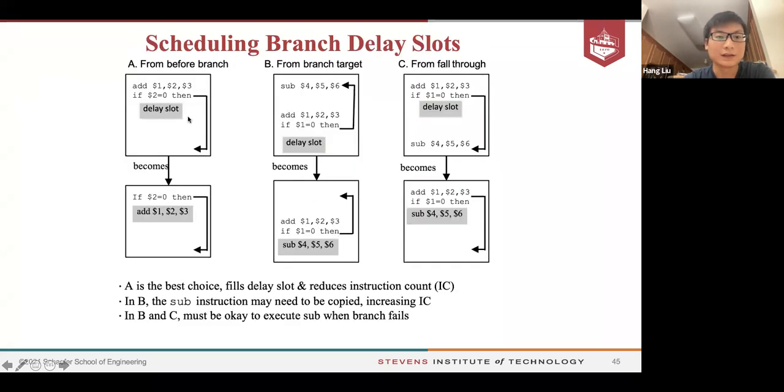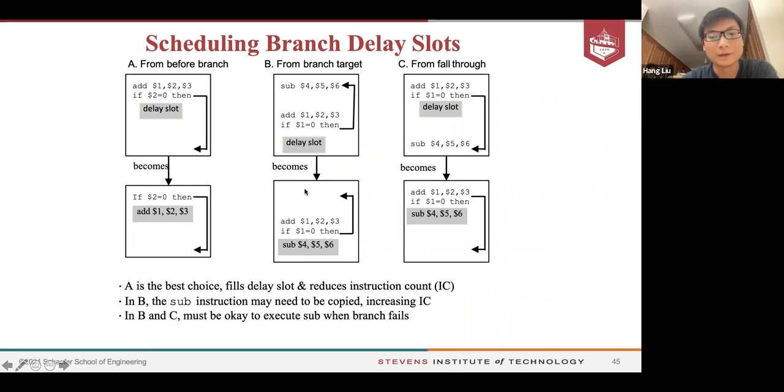For instance, if the branch is here, I will execute the delay instruction no matter what. So we have the delay slot here. The candidate can come from before the branch, from the branch target, or from fall through.